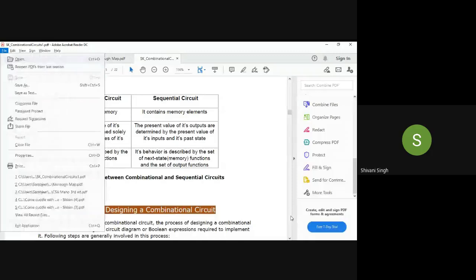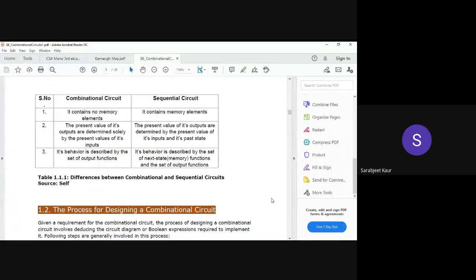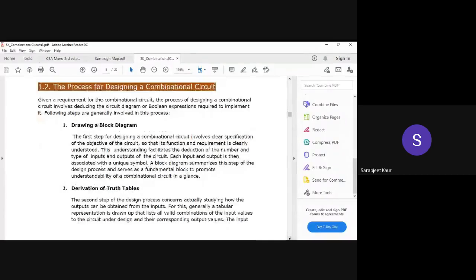No, ma'am. Okay, right. So now let's proceed to the next topic, that is how to design a combinational circuit. So suppose you are given a question of designing a combinational circuit, how will we proceed? So first we will see the steps that we will follow to design a combinational circuit.